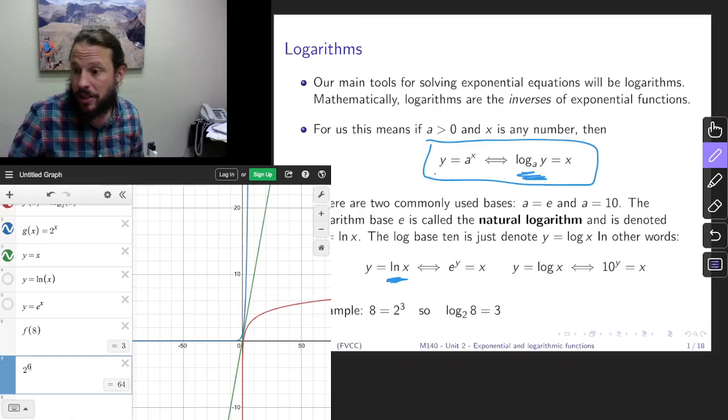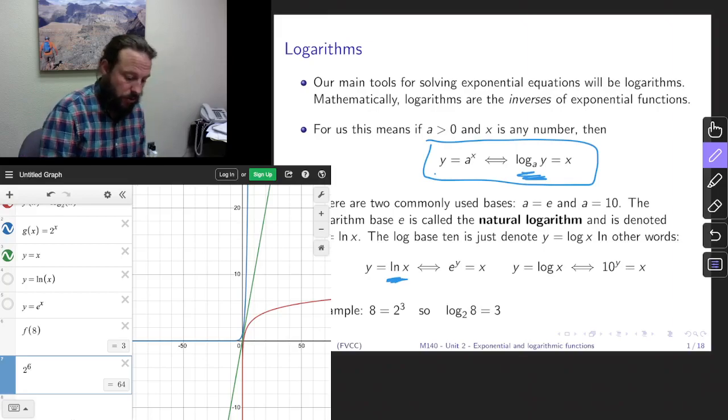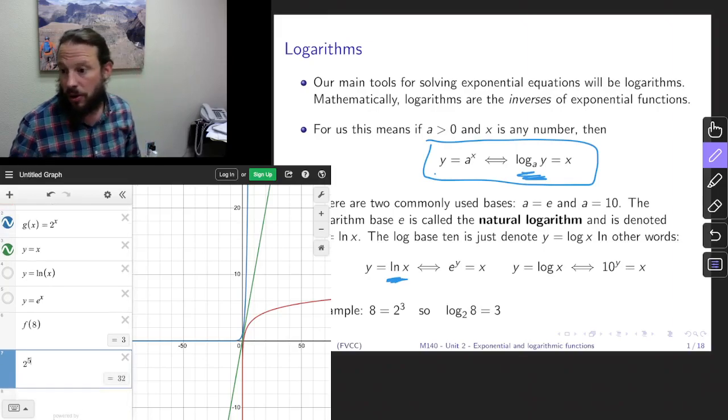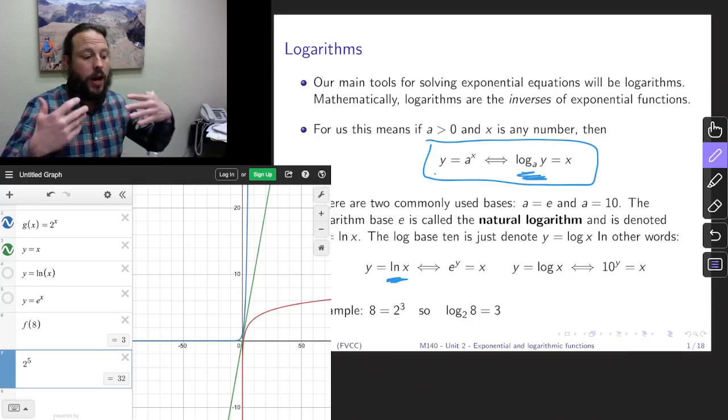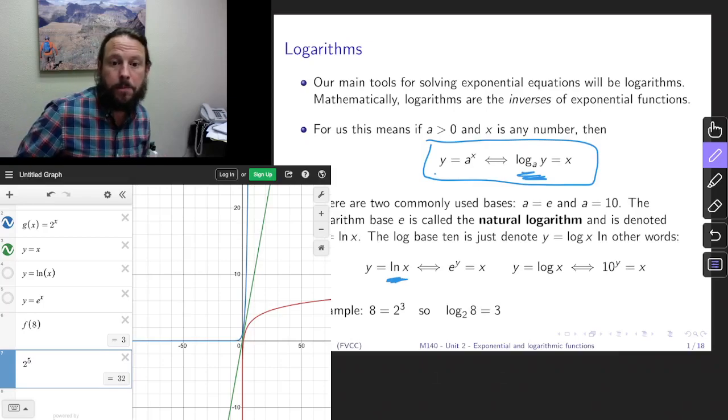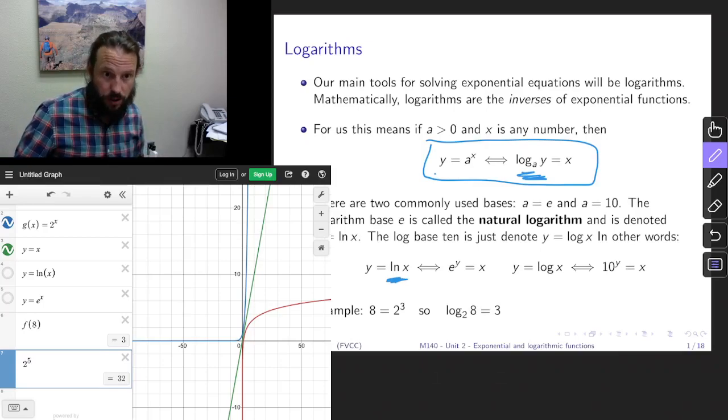Should be less than 6, probably more than 5, because 2 to the 5th is 32. That's the idea of those graphs. So logs are getting at the exponents, not the exponentials.